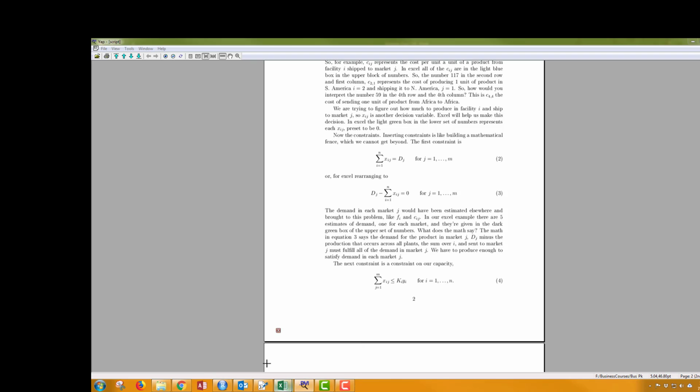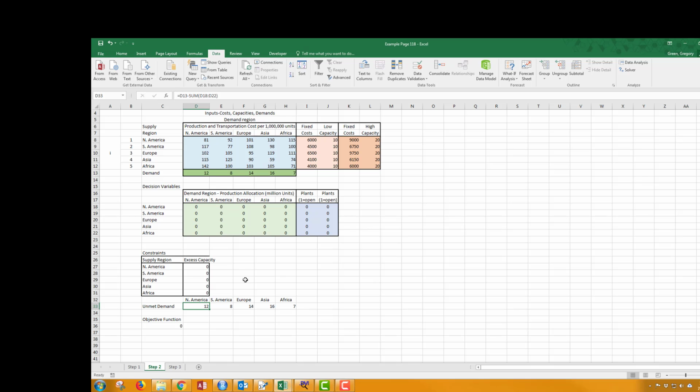Let's go back. So I could write it in as equals demand in market j equals 1 minus the sum of the production over all plants, which eventually will equal 0. Right now I am not meeting demand because I haven't produced anything. There's no production occurring.